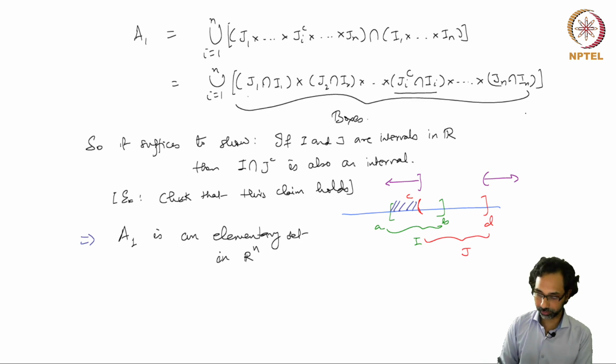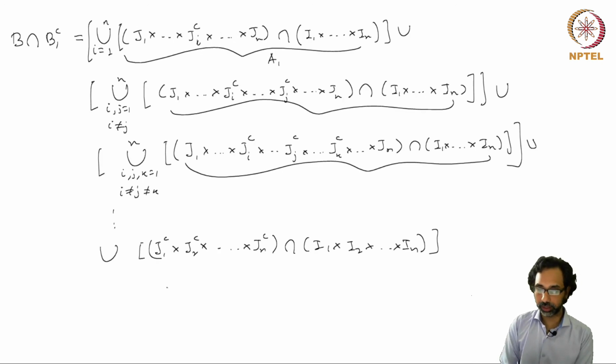Now we can go back to the other groups A2, A3 and so on, AN, and for each of these, because you have the intersection coordinate wise, each one will be an interval and each of these constituent sets will be a box, and therefore you'll have finite unions of boxes.